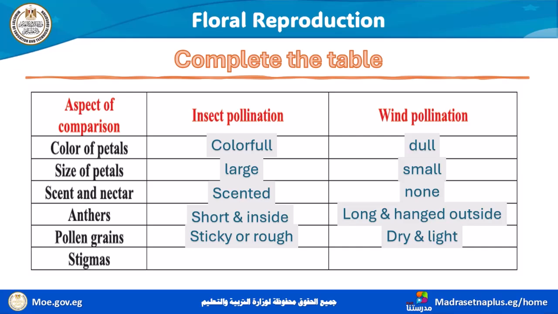Let's move to the last point of comparison in our table, which is the stigma. And let's describe the stigma in the two cases. Starting with insect pollination, the stigma is sticky and located inside the flower.